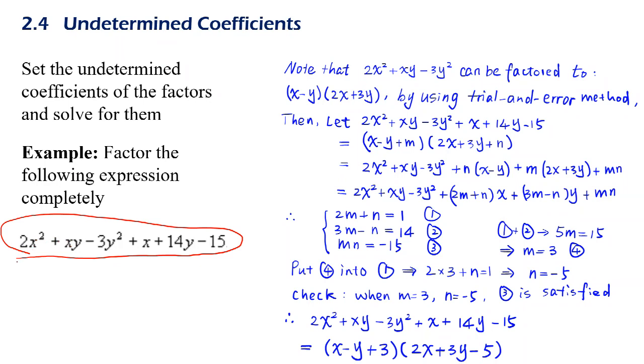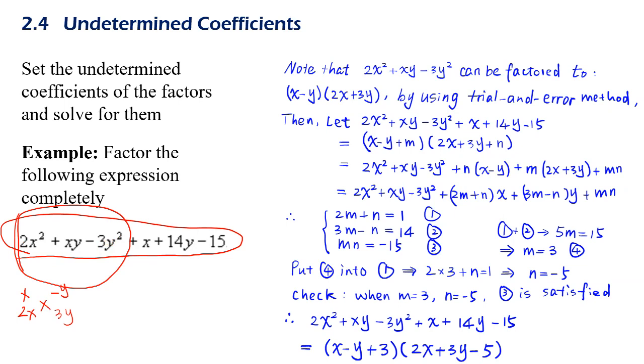Note that the first part can be easily factored by using the trial and error method, right? 2x squared can be factored to x and 2x, and the last term, minus 3y squared, can be factored to 3y and minus y, right?